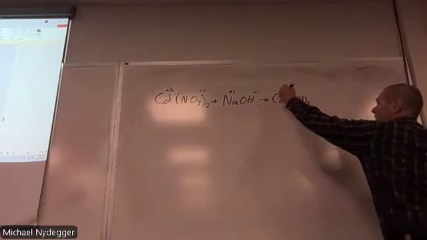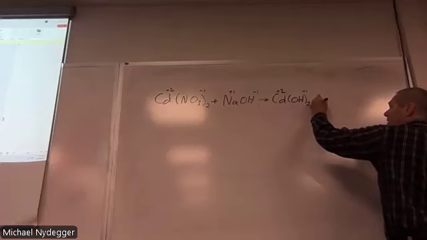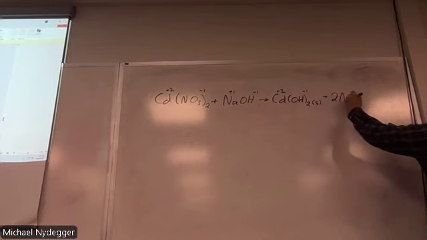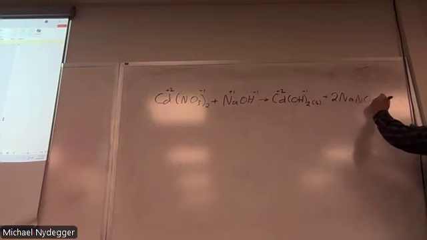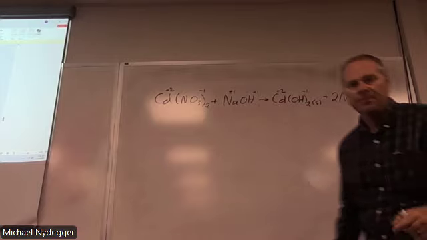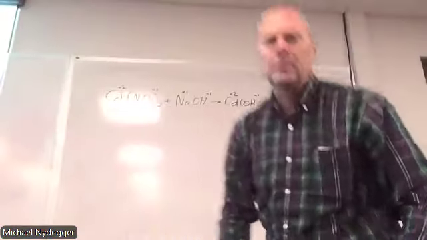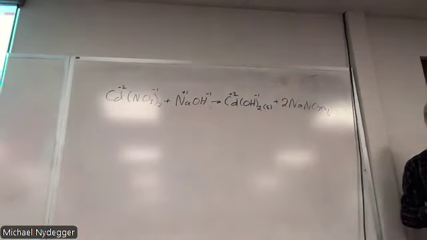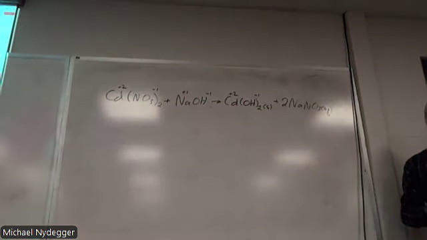We have 2 of those because this is +2 and that's -1, and that's going to be our precipitate, and 2 sodium nitrates. Any questions on that? Good.